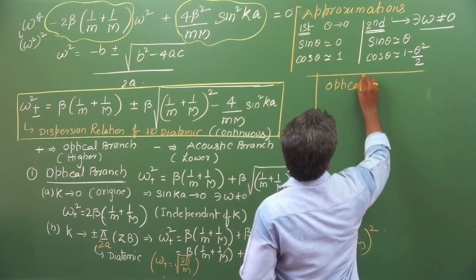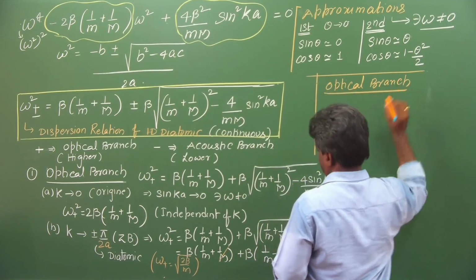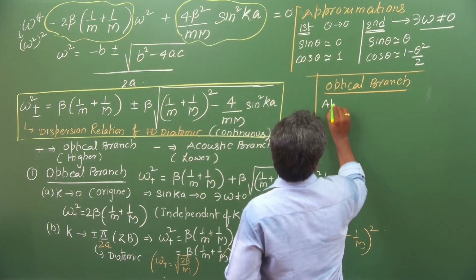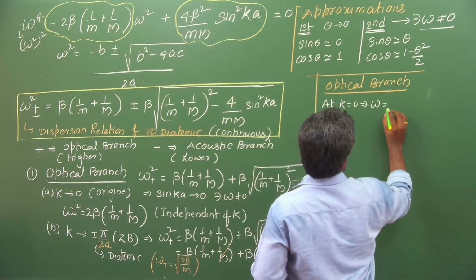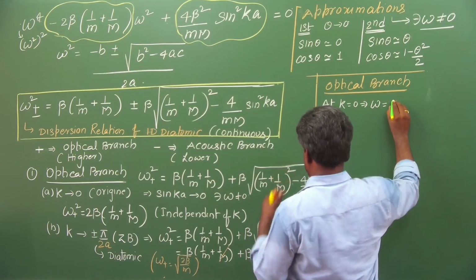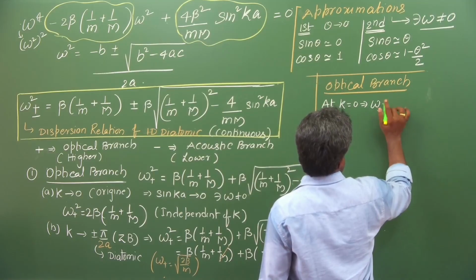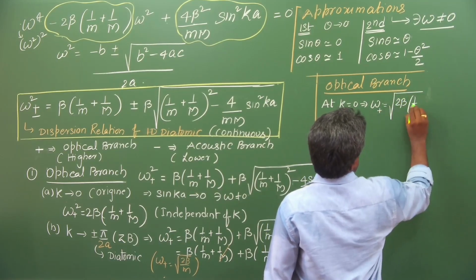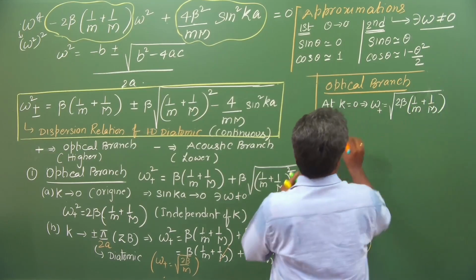And then write the conclusion. Optical branch: at origin at k equal to 0, omega plus equal to under root 2 beta into 1 by small m plus 1 by capital M, which is independent of k.